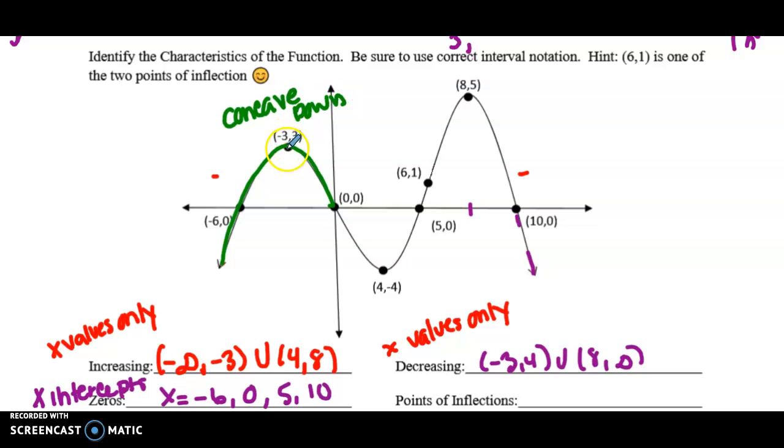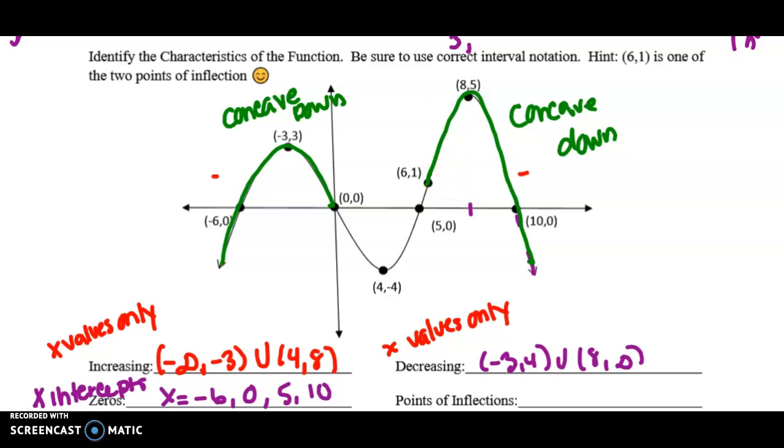Think of starting at the top of the hill, where you can go down either side. That's concave down. Now, where else do you see that we're concave down? This portion of the graph right here is also concave down. Once again, you're standing at the top of a hill, and I could go down either side.